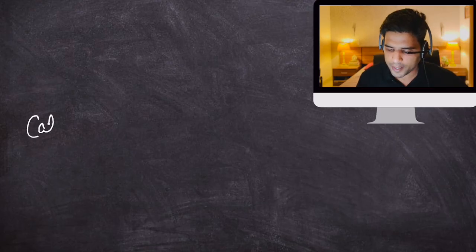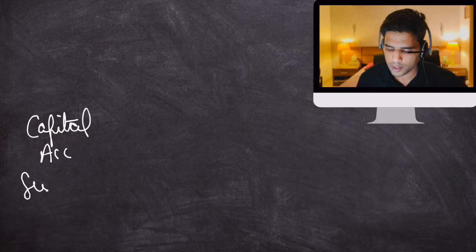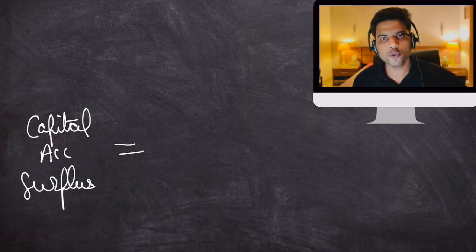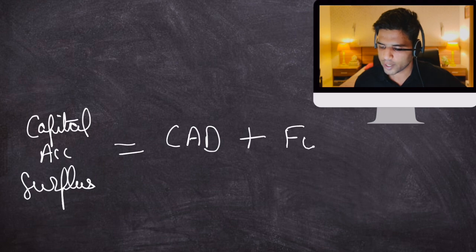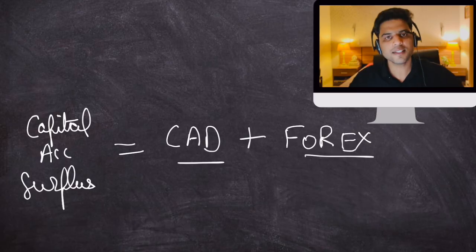So can I simply say that this capital account surplus is used partly to compensate for the current account deficit and partly to add to forex reserves? Yes, that is simple. Clear?